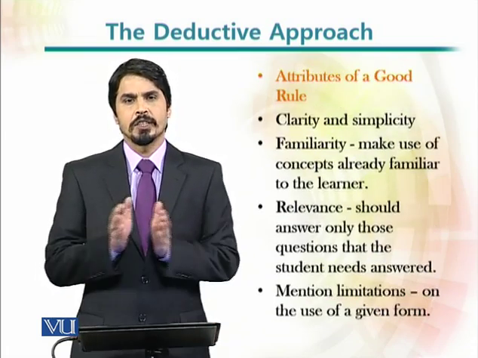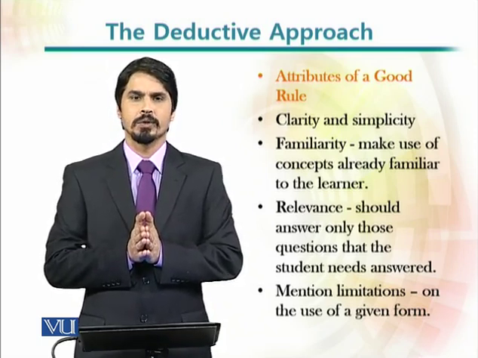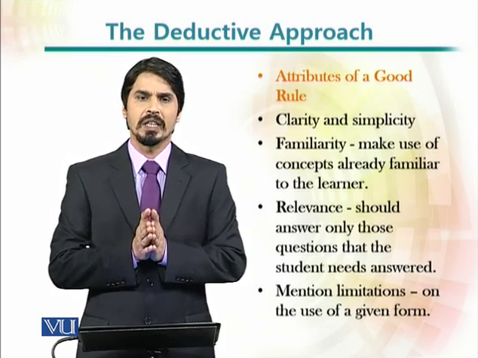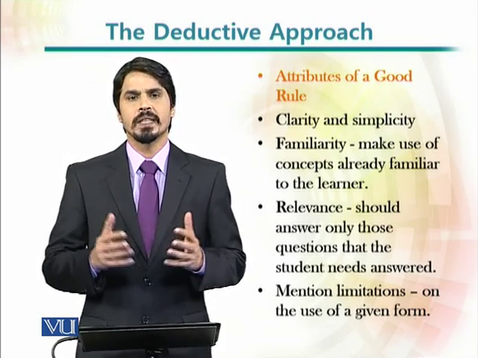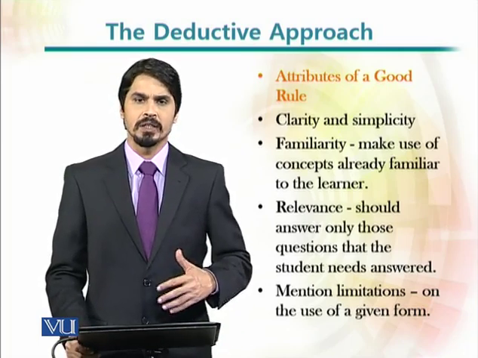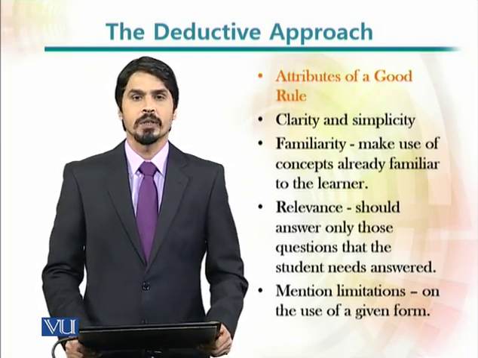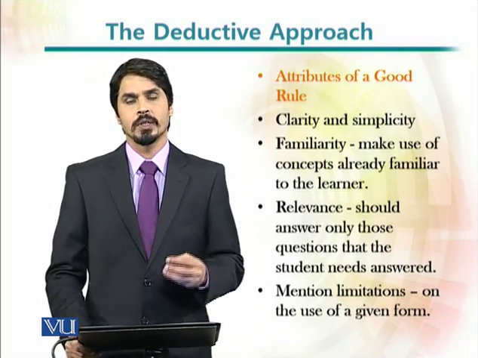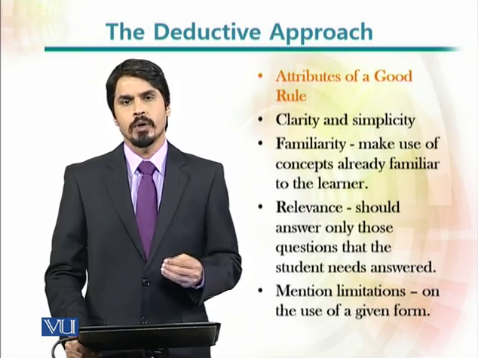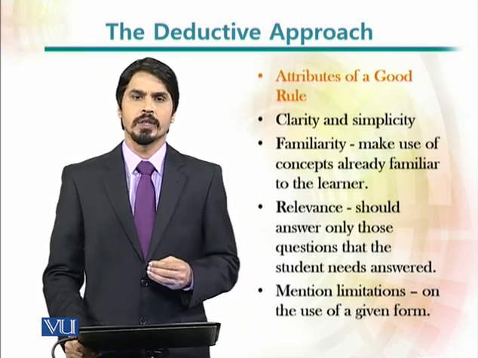There could be certain attributes of a good rule. A good rule must be clear and simple. Students may not spend a lot of time and energy to understand a rule. The rule should be clear in all ways so that students may understand it quickly. It should have an element of familiarity because in this way it should involve various aspects of language which students are already familiar with.